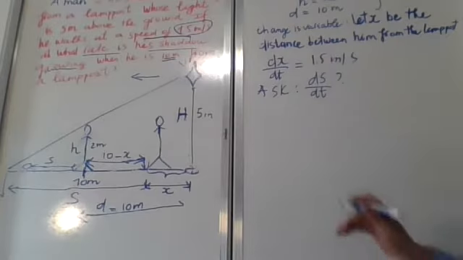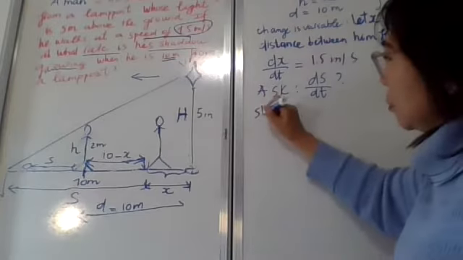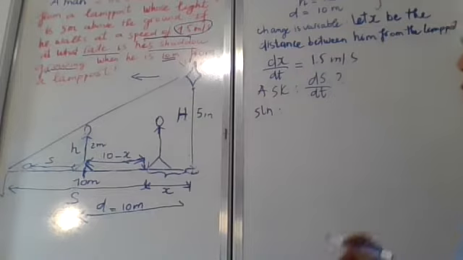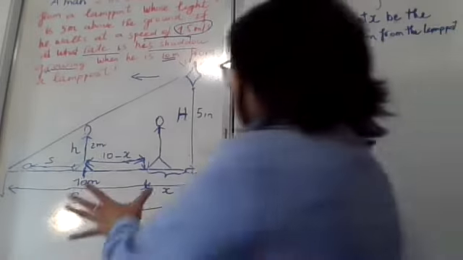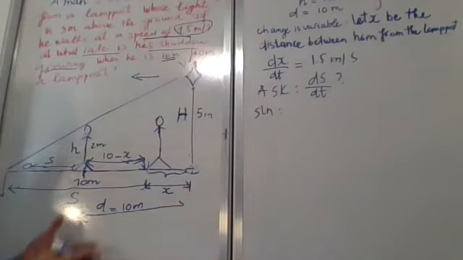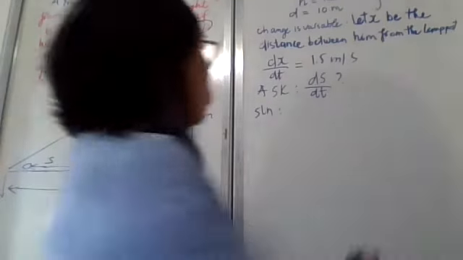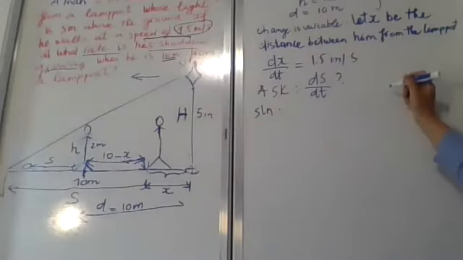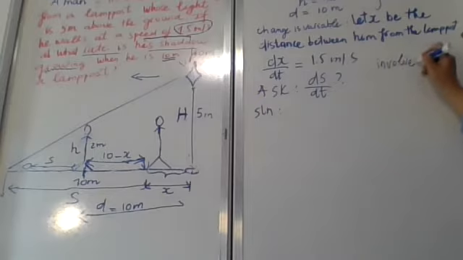Now, let's solve this problem. Based on the diagram, we try to establish a function so we can solve for it. First of all, we notice that our function has to involve the shadow, right?